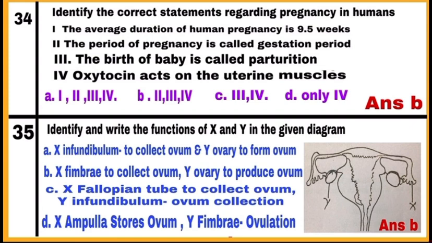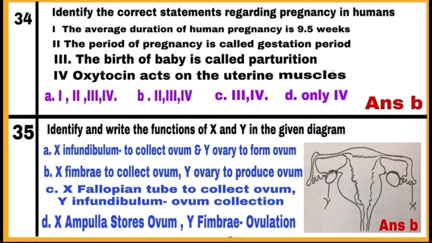Question 34. Identify the correct statements regarding pregnancy in humans. Statement 1. The average duration of human pregnancy is 9.5 weeks. This is not a correct statement. Average duration of human pregnancy is 40 weeks. Come to statement 2. The period of pregnancy is called gestation period.